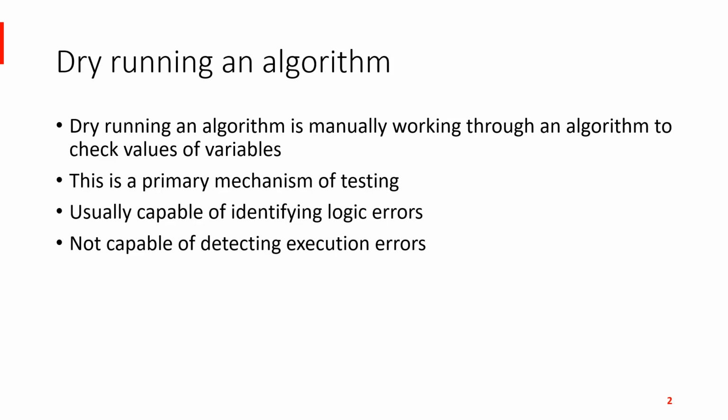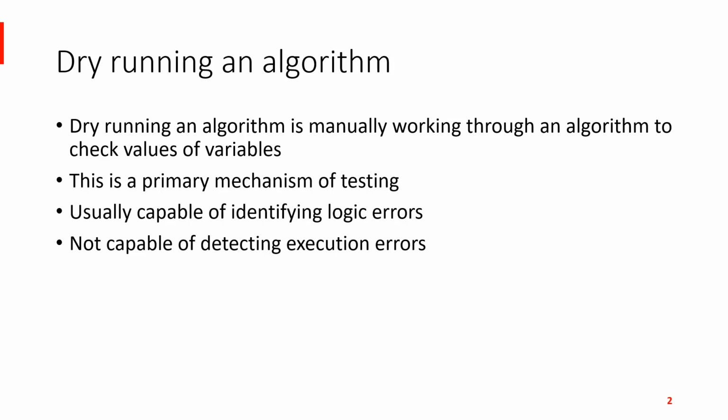So whether the logic is correct or not, you can easily detect with the dry run. However, dry run is not capable of detecting execution errors. When I say execution error, it happens when you run code at runtime.